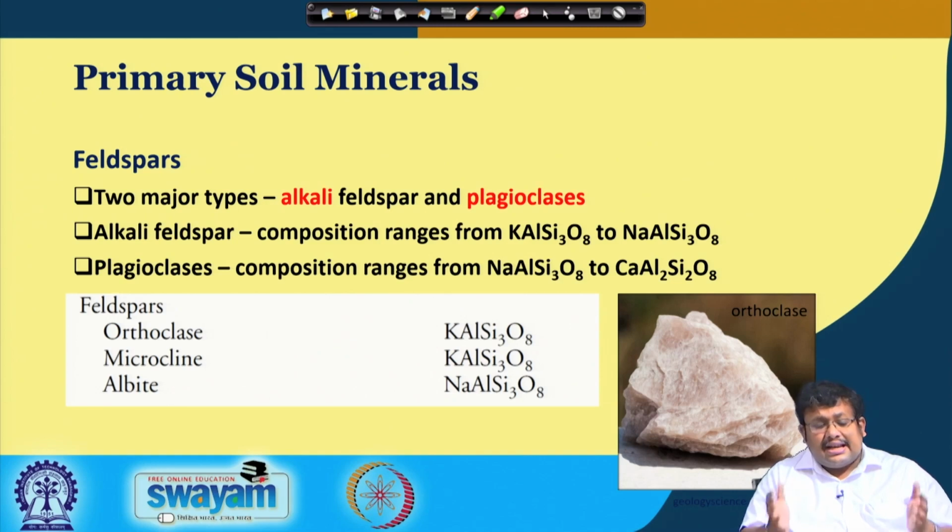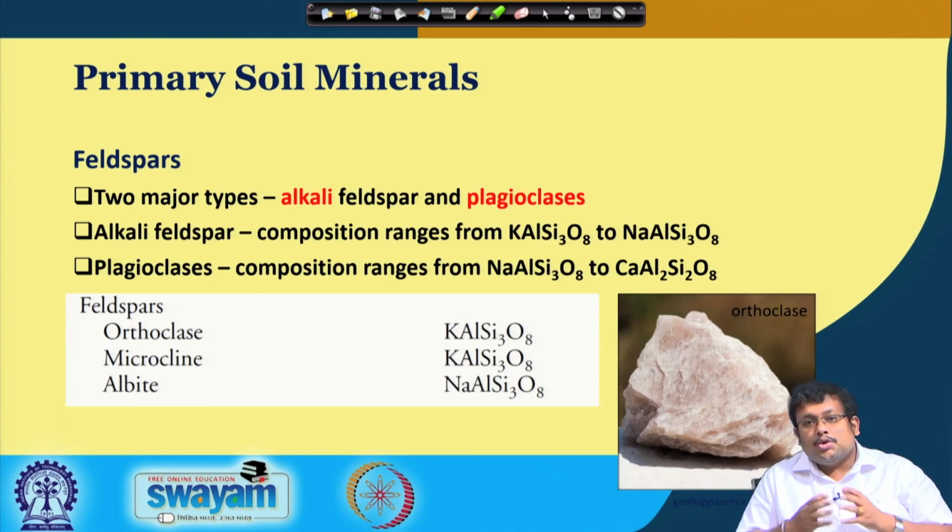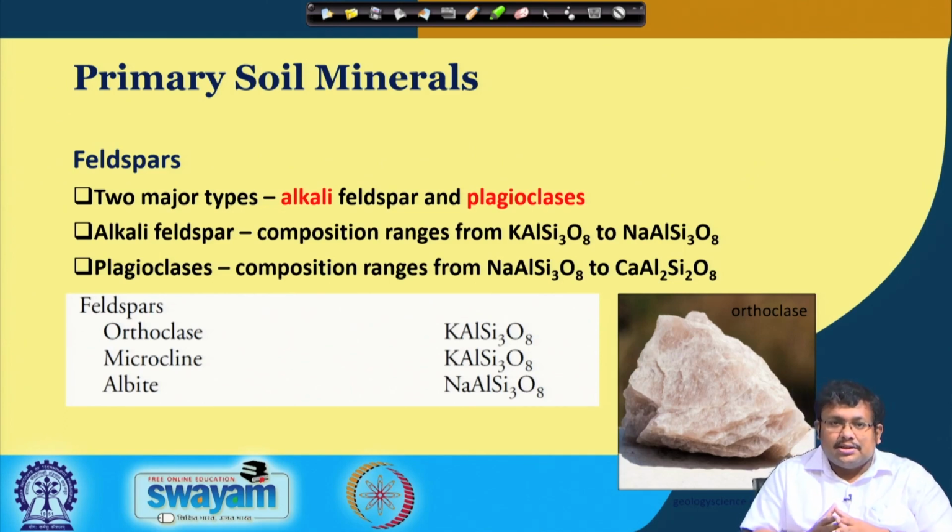So, if we see the classification of the feldspar, there are two major types. One is called the alkali feldspars and another is plagioclase feldspars. Now, alkali feldspar, their composition ranges from potassium feldspar to sodium feldspars, and plagioclase feldspar, their composition ranges from sodium feldspar to calcium feldspars.